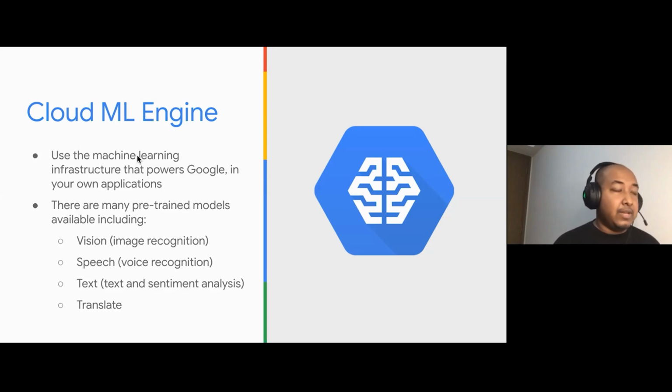AutoML will give you access to a tool where you can upload your own images and build your own custom machine learning models without coding. That's pretty fantastic, because the only thing you need to do is clean up your data and then upload your data into AutoML, and then AutoML will build different models that you can use for your own applications.